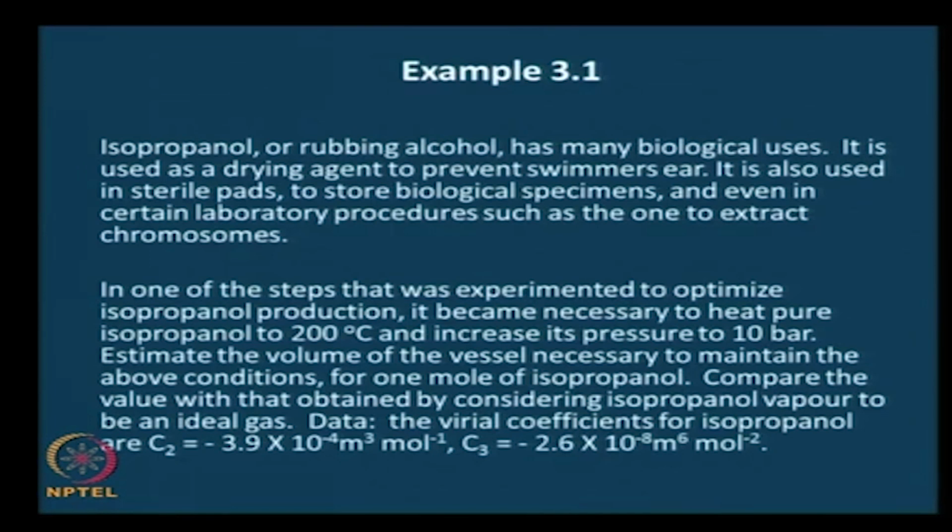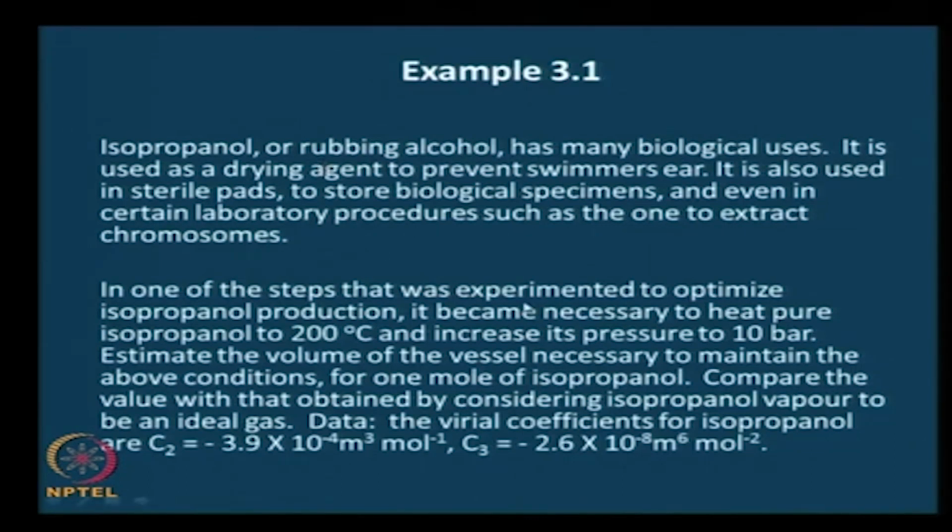It is also used in sterile pads, to store biological specimens, and even in certain laboratory procedures such as the one to extract chromosomes. So it has very many applications, and you will find that we will be using isopropanol as one of our model substances for presenting the applications in this course. We will use it quite heavily.